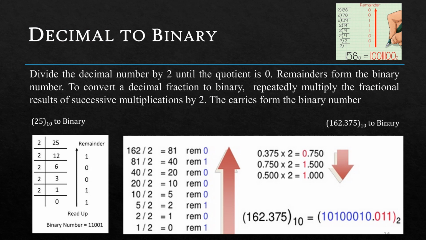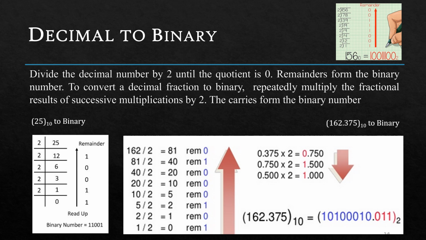Now let's look into the conversion of decimal to binary number system. To convert any decimal number to any radix or any number system, the method is to divide it by the corresponding radix number. Here we are converting decimal to binary, and the radix value of binary is 2, so we need to divide the decimal number by 2.